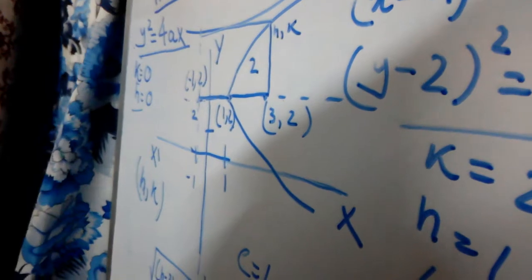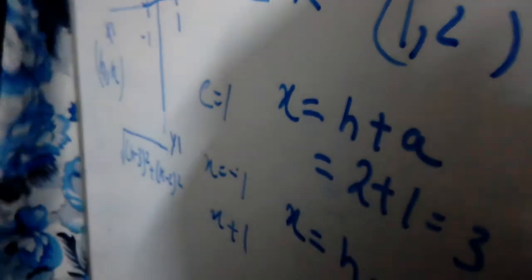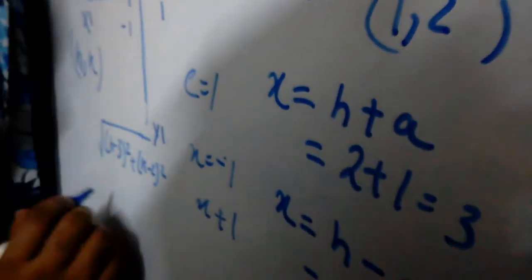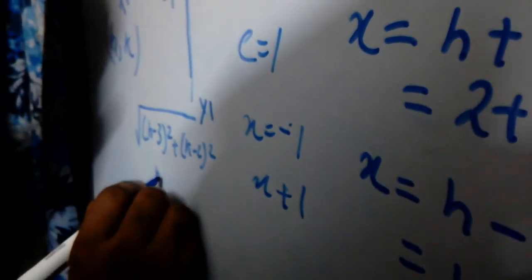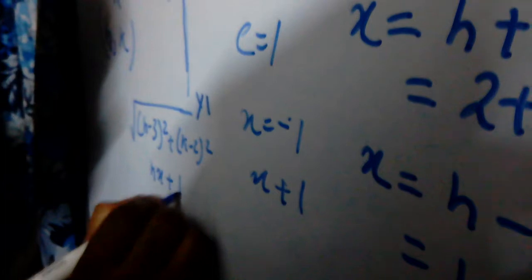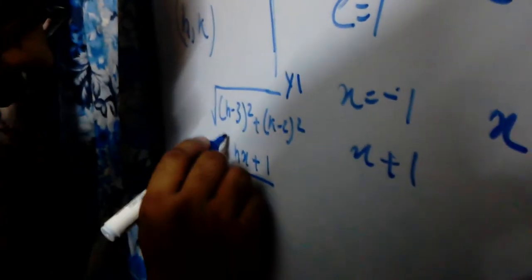What is the equation of this line, the directrix? It is x is equal to minus 1, or x plus 1. Now, the distance is (x plus 1) by 1.